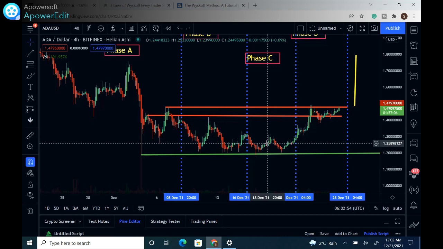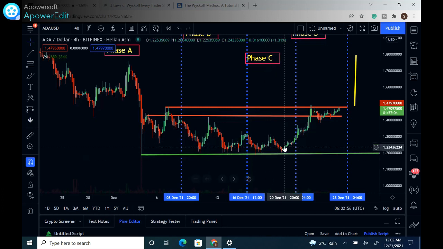After this marks, we have seen the beginning of a new uptrend.